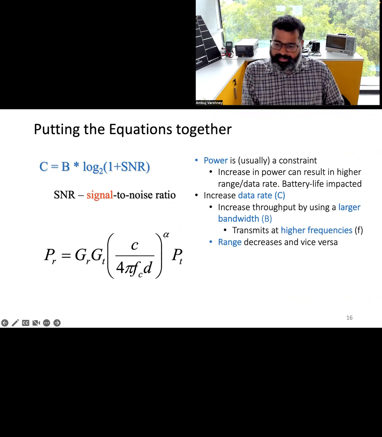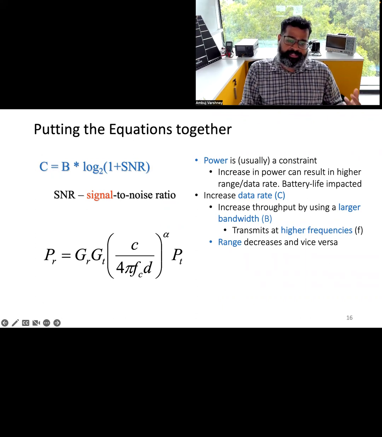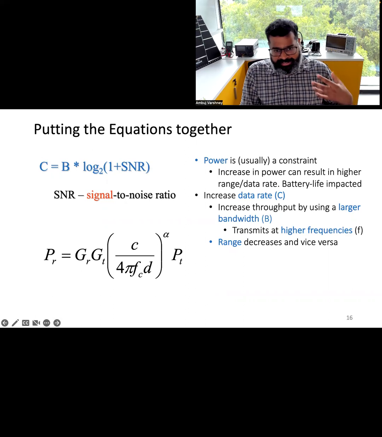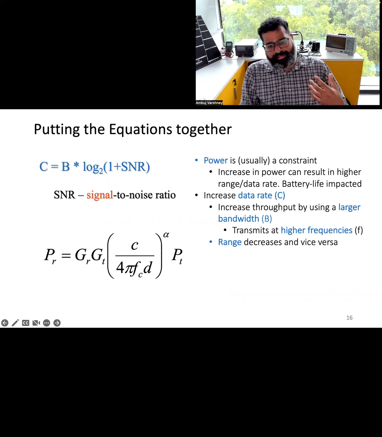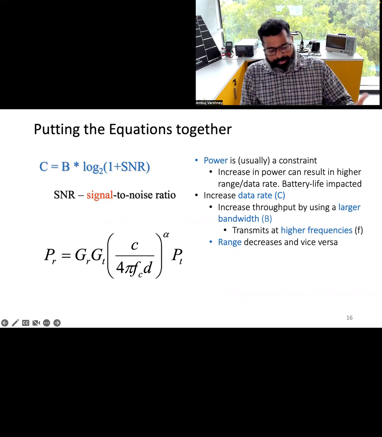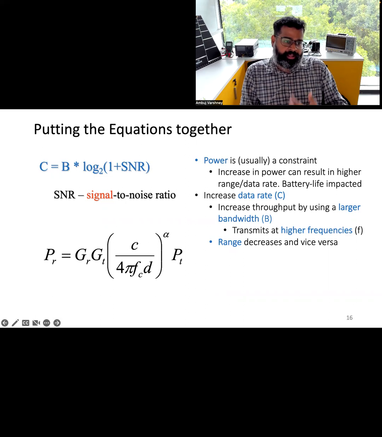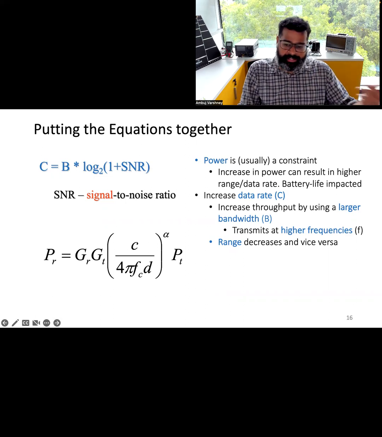And of course, we also have the relationship that the wireless communication range decreases as you increase the frequency. We had seen that the losses increase at higher frequencies, and that means the quality of the signal also goes down, which also affects the SNR value.